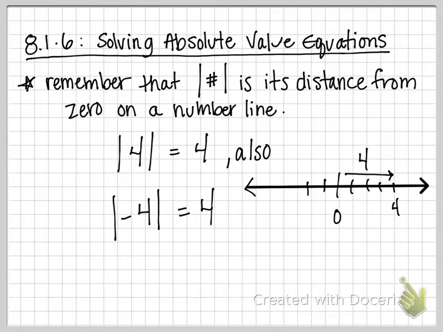If I go this way, down to -4, how many units from 0 is this? 4. Even though it's a -4, it's still 4 units. Its distance is 4. Which is why when we simplify both of these absolute values, we get the same answer. Do you see that? They're two different numbers inside, but when we simplify, we get the same answer.